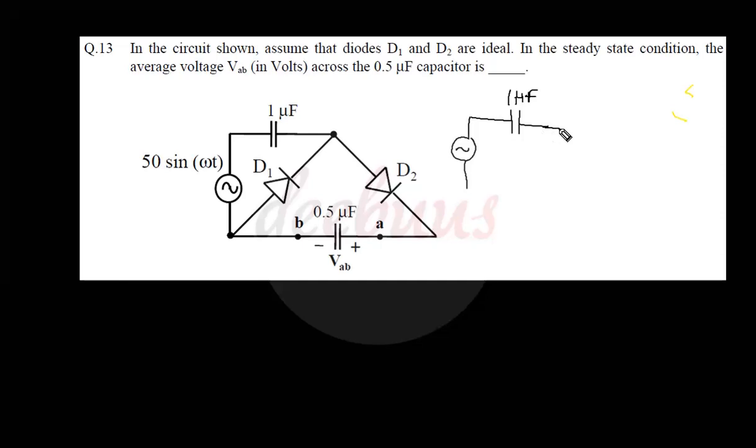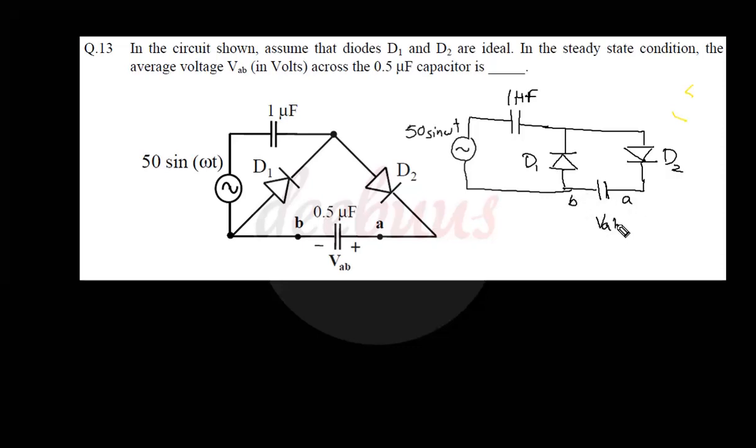Next a diode is connected in this way. Next another diode, and finally a capacitor in between these two diodes, and the circuit is connected in this way. This is diode D1, this is diode D2, and this is 50 sin omega t, and we are taking voltage across these two points A, B, and marked it as VAB.